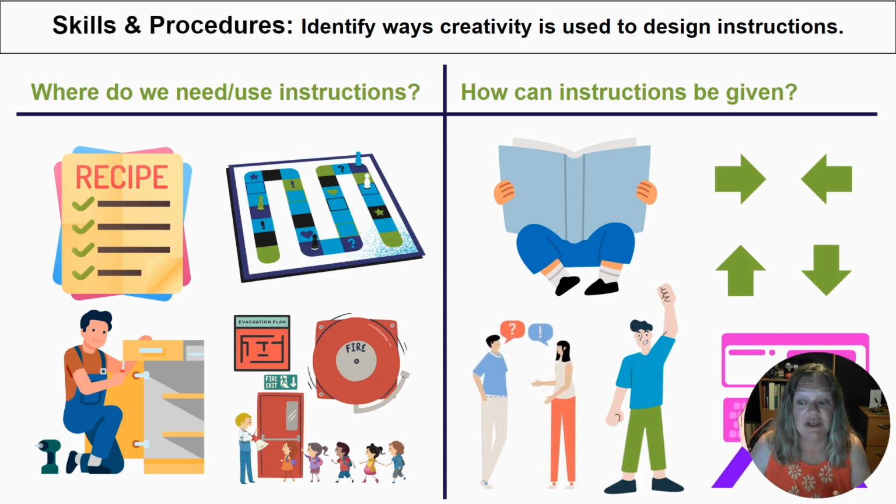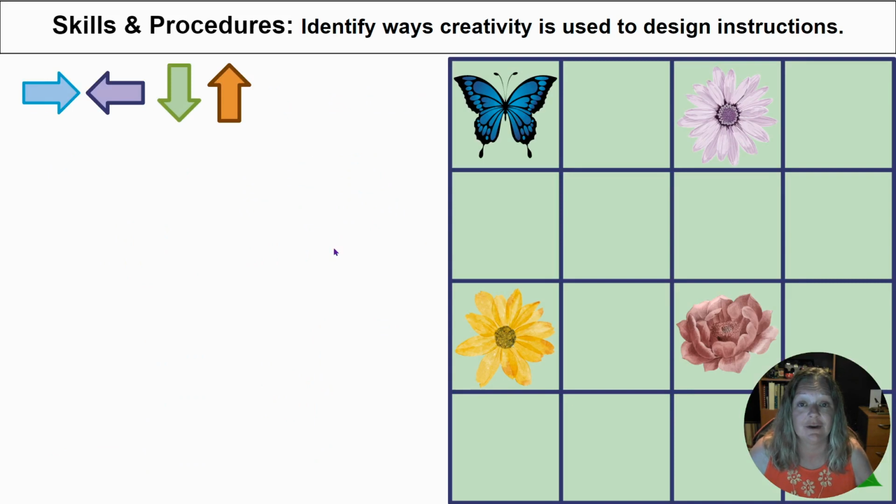Computers can be given instructions by typing into them and telling them what to do, just like how humans can be. So having just those conversations about what instructions are, and then making the connections between what we use as instructions and how that connects to what we give to computers or robots as instructions, is going to check off that skill and procedure in a great way.